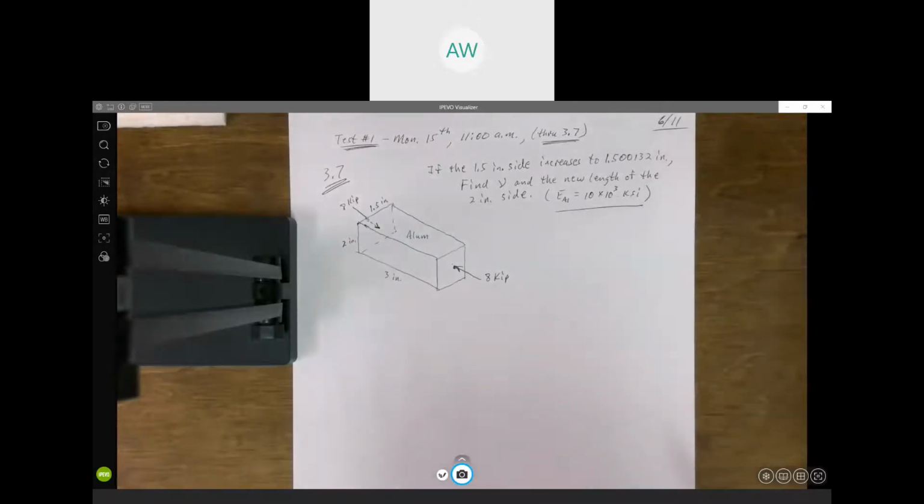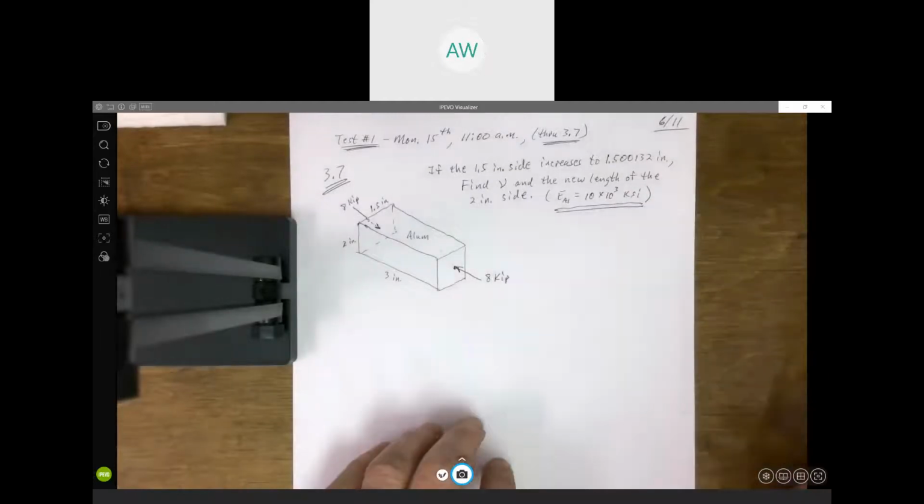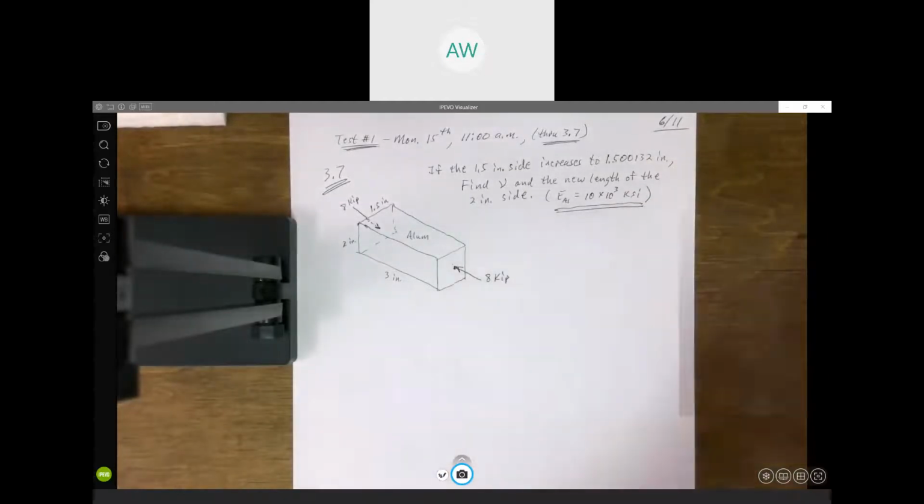So that's where that came from. Also, remind you that there's a table in the back of your book that's got material properties. So if we were not given that value for E, that's where you would go and look up the modulus of elasticity of whatever aluminum alloy you were given.